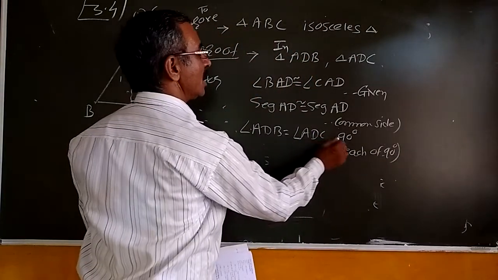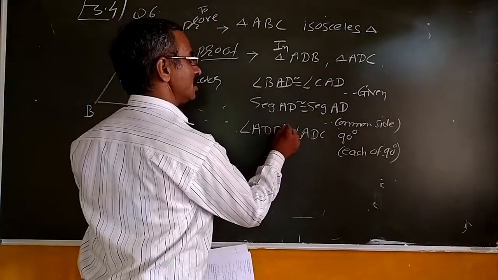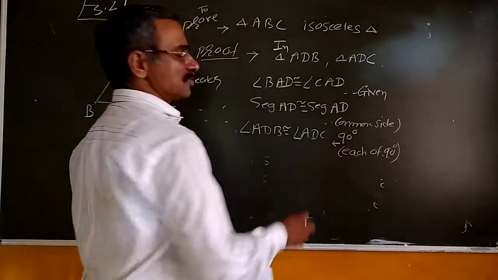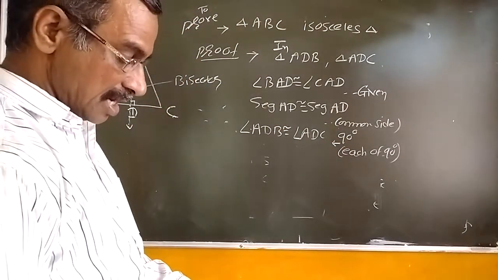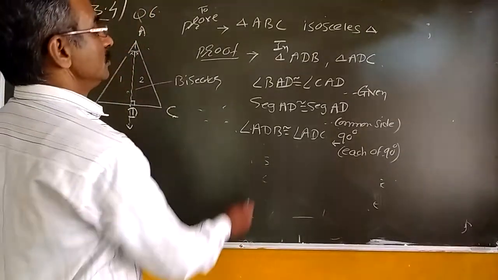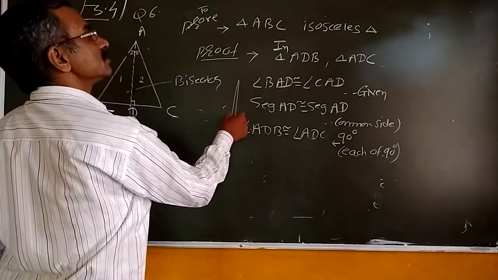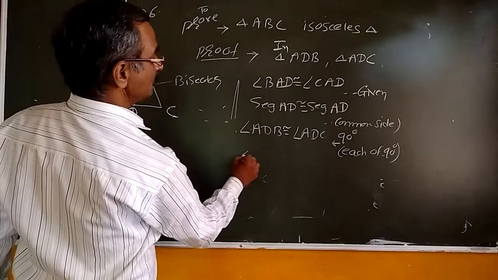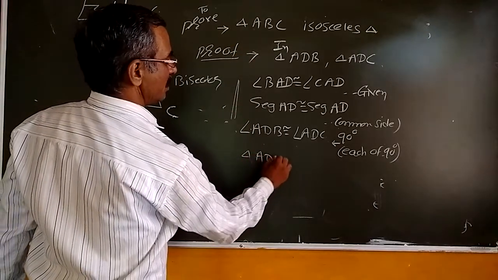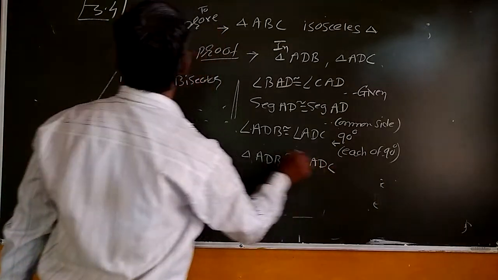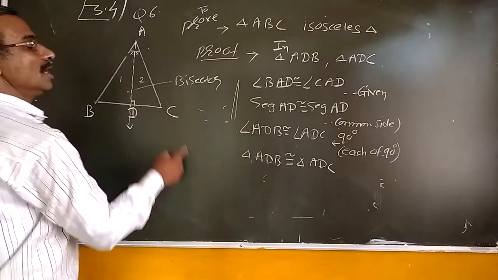So they are also congruent, each of 90 degrees. So we are getting three elements to prove that triangle ADB is congruent with triangle ADC.